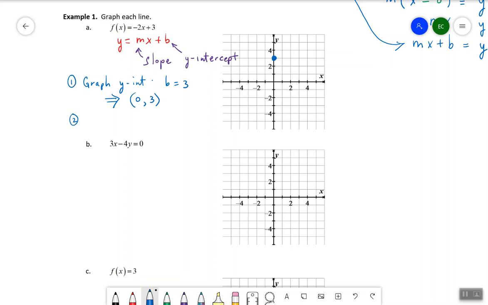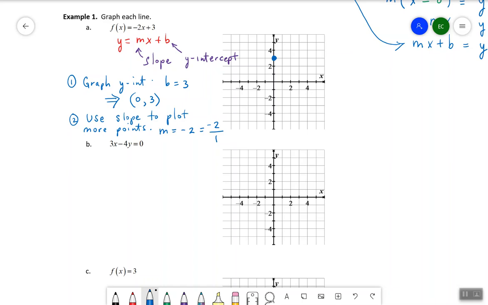And then we can use the slope to plot more points. The slope in this equation is -2. And remember, that's a rise and a run. That's a numerator and a denominator. So we need to think of this as -2 over 1.